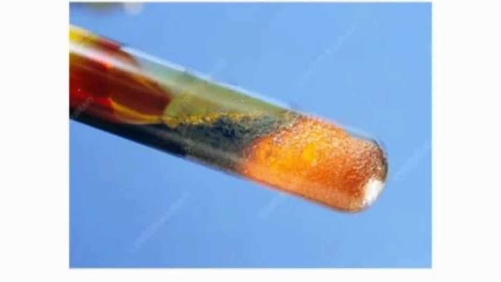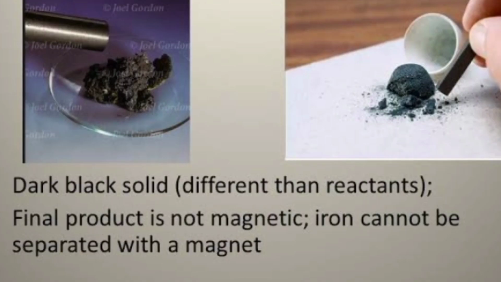This is the pictorial demonstration of the test tube during the heating of iron and sulfur. After heating, a new compound is formed.